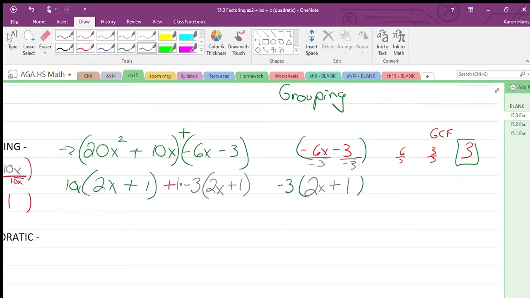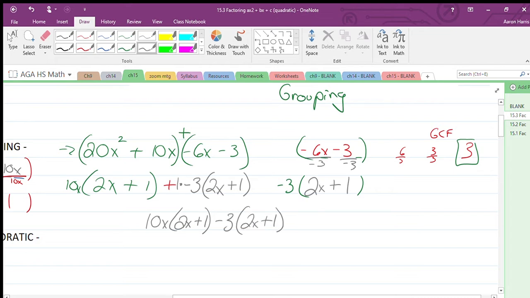So I'm going to write that right now. So I get 10x times 2x plus 1. A positive 1 times negative 3 is just negative 3 times 2x plus 1. Okay? Good there. Because you got to make sure that you're keeping all the signs where they need to be. But now, how many terms do I have? Yep, I have 2. And is there anything exactly alike in both?